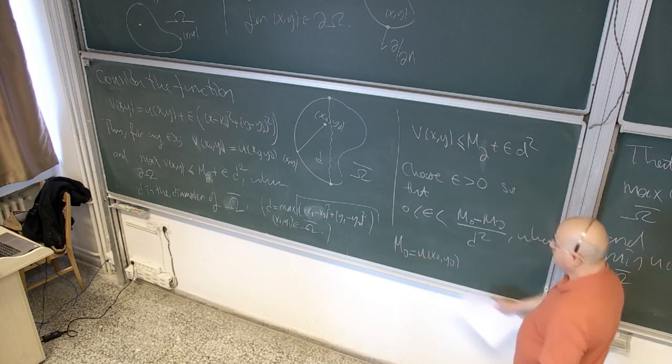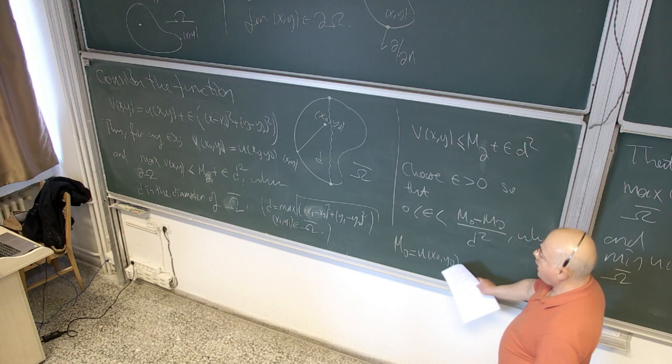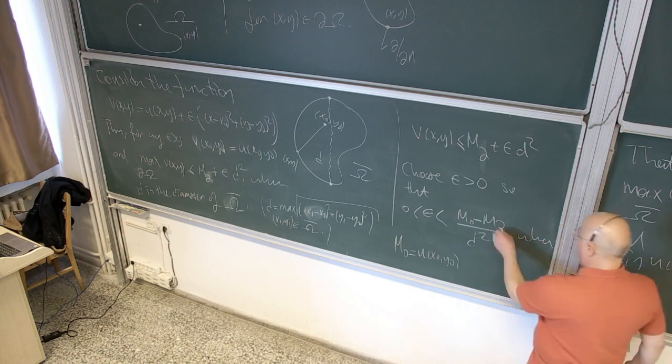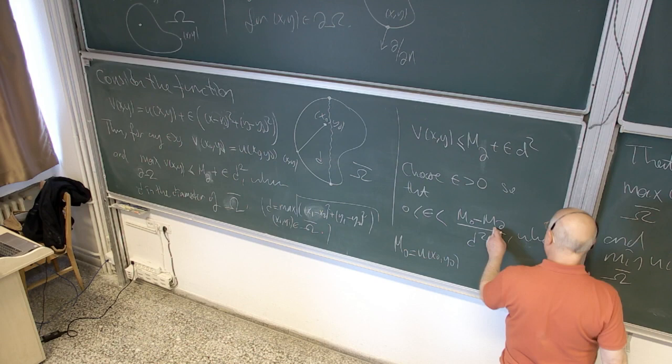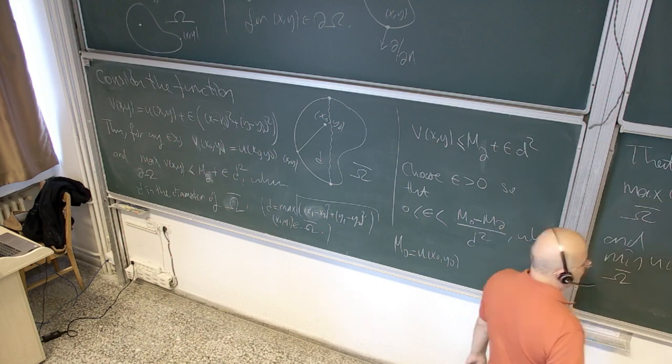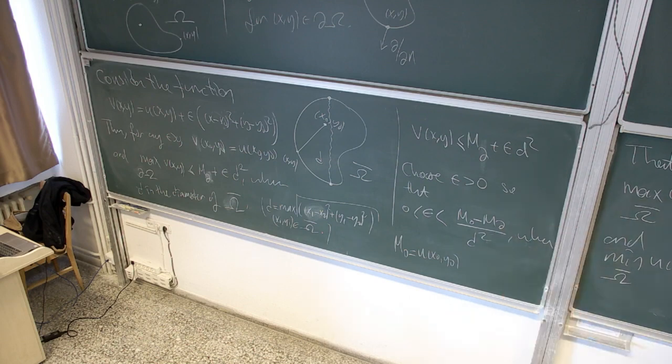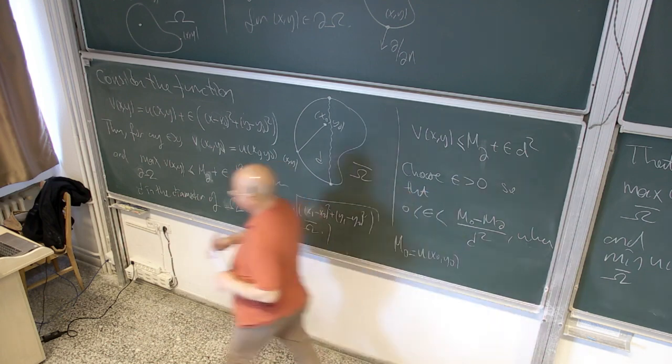Bu maksimum nokta her neyse o değer. Biz şunu biliyoruz, bunu kabul etmiştik. We assume that this is M0. M0 is larger than M boundary, right? We assume that.